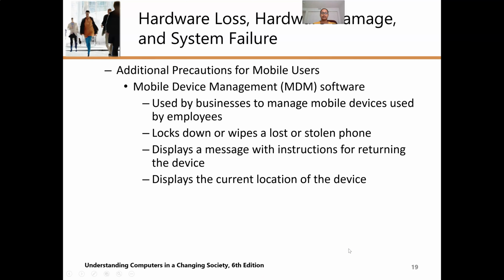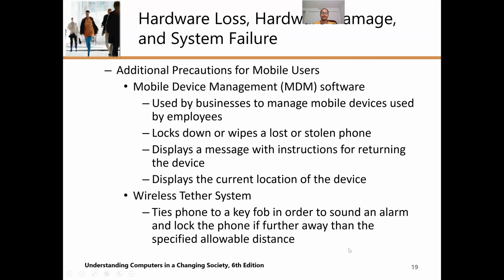It displays the current location of the device. And finally, the wireless tether system. It ties a phone to a key fob in order to sound an alarm and lock the phone if it's further away than the specified allowable distance. So if you're not within, say, 5 miles, and 5 miles is just an arbitrary number, it just locks the phone.